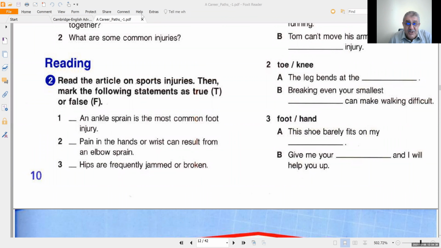Then we answer the questions true or false. Number one, an ankle sprain is the most common foot injury. Number two, pain in the hands or wrist can result from an elbow sprain. Number three, hips are frequently jammed or broken. So listen again and answer questions 1 to 3, true or false. Listen, please.